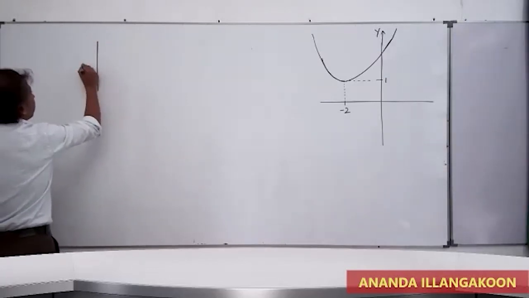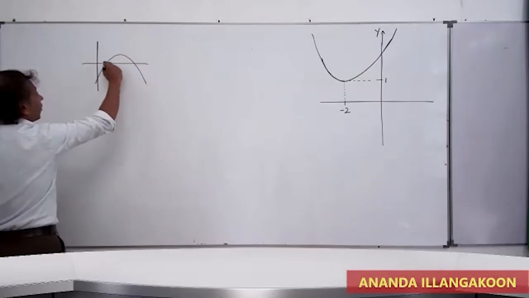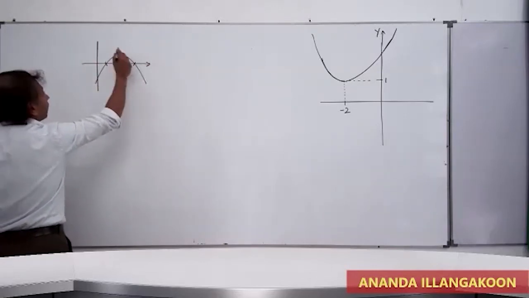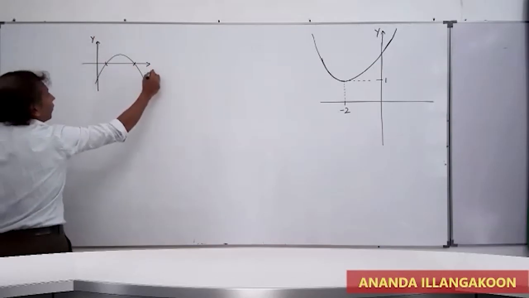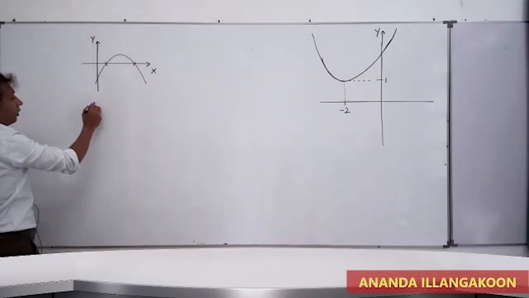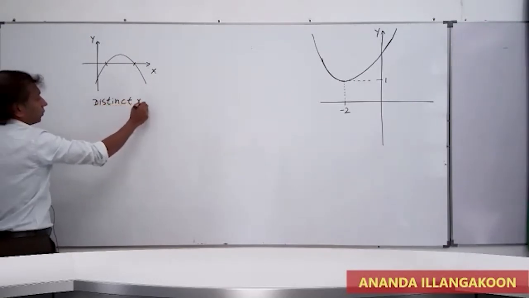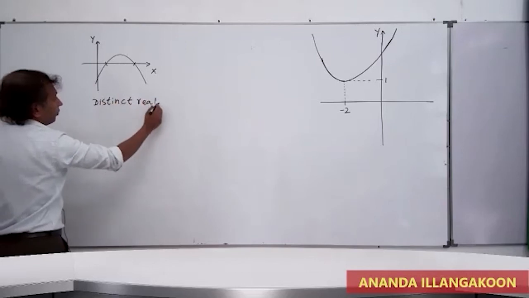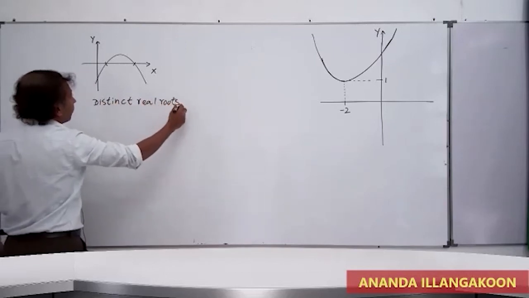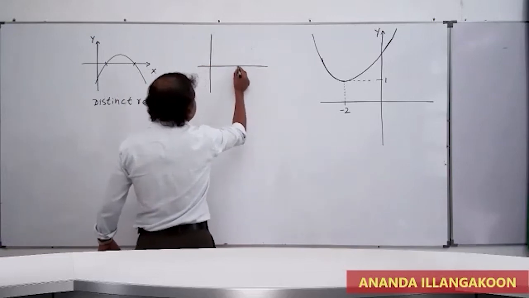Right, people? Very simple diagrams like this. Here, the maximum graph cuts the x-axis at two distinct points: distinct real roots. The vertex touches the x-axis like this.